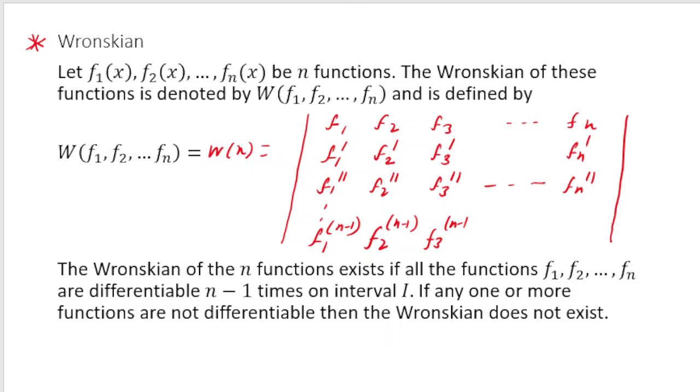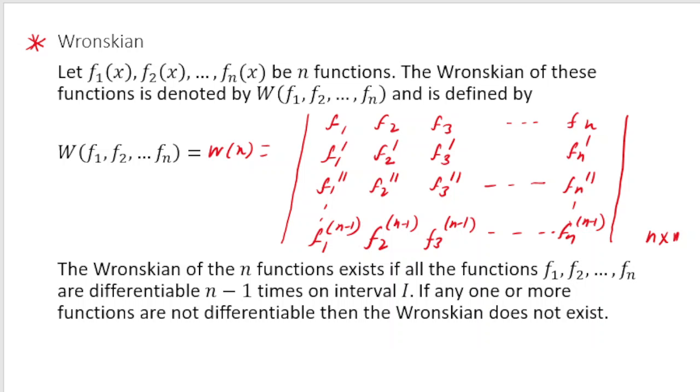So what we have got is an n by n determinant. How many functions are there? n functions. I write them in the first row, differentiate them for the second row, differentiate again for the third row, and in the last row I differentiate n minus 1 times and write them.